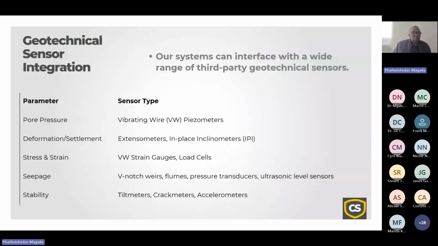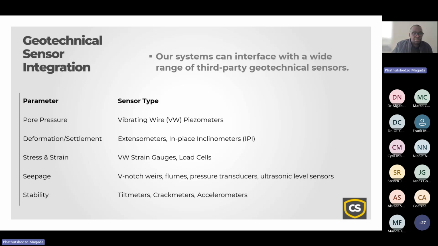So in geotechnical monitoring we have different sensors. Our systems at Campbell Scientific are able to measure most of the sensors that are supplied by third-party suppliers. If you are interested in pore water pressure, you will have vibrating wire piezometers.